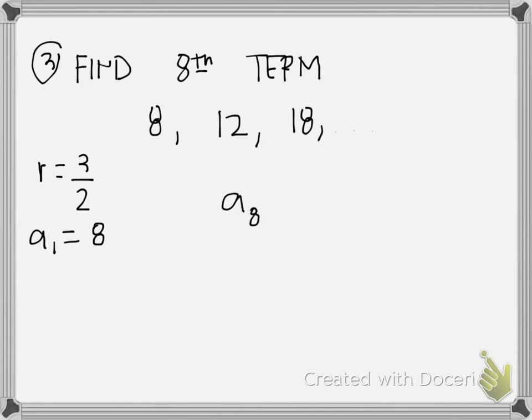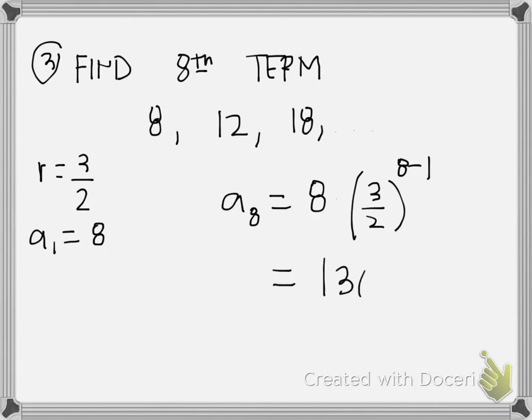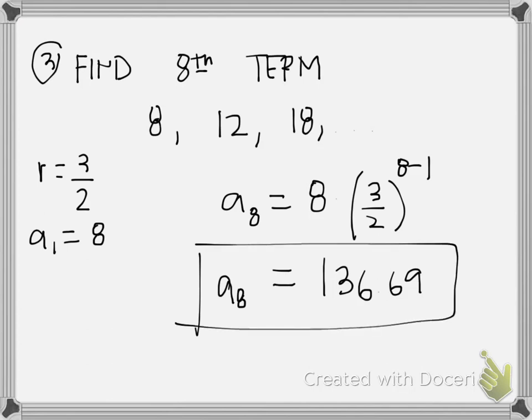So the 8th term can be found by saying 8 times 3/2 raised to the 8 minus 1, so 3/2 raised to the 7th power times 8. It's going to be a decimal, about 136.69. All right, so I want you all to finish up that worksheet.